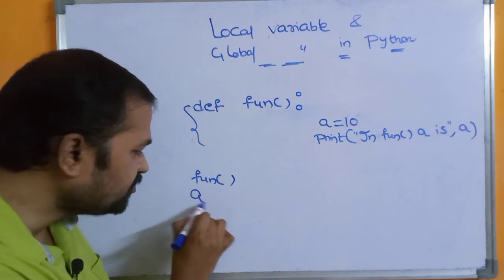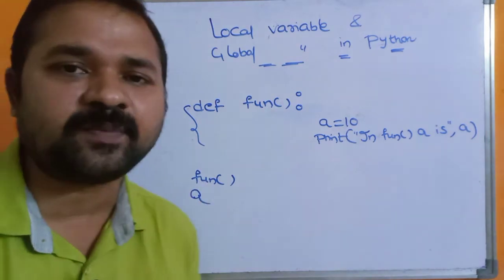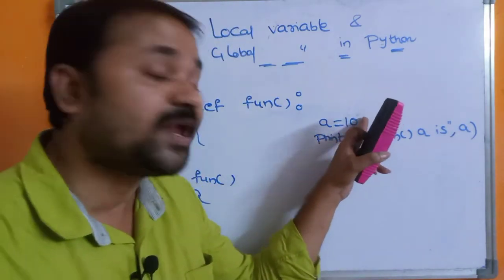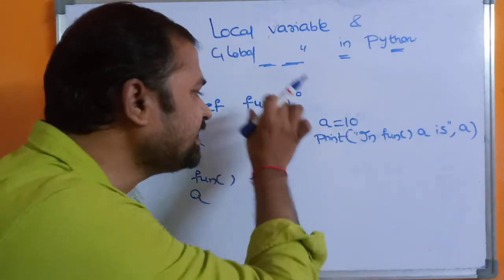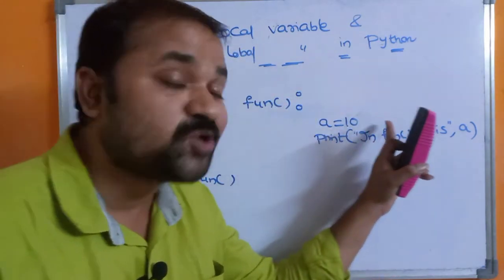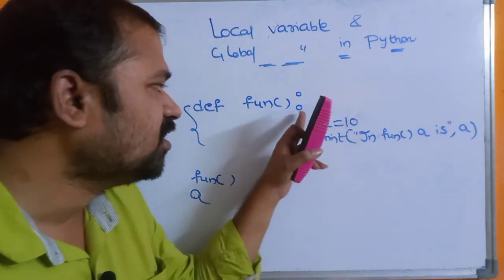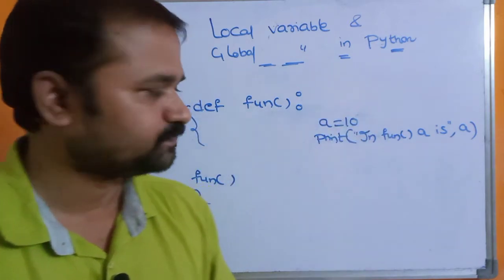So we cannot use a here. If we try to use a here, then the Python interpreter will display an error message. This is called a local variable. If we perform an initialization inside a function, then it is called a local variable. We can make use of a local variable only inside the function in which it is initialized.